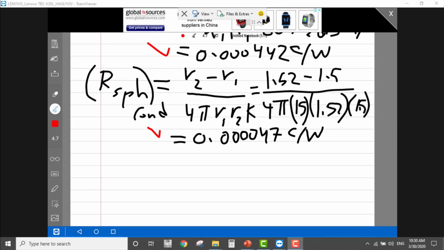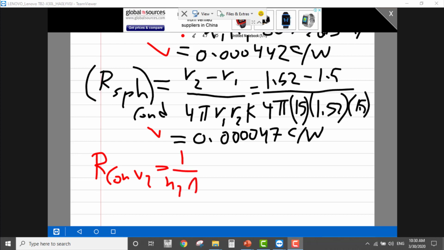Now how about R convection 2? R convection 2 equals 1 over H2 area 2, and from the statement of this problem, H2 equals 10 multiplied by area 2.